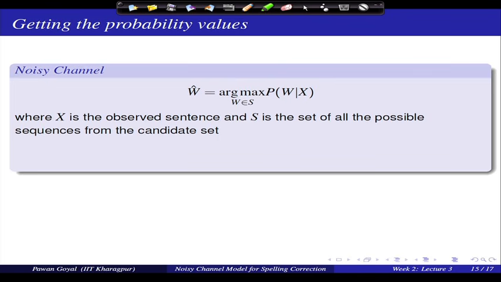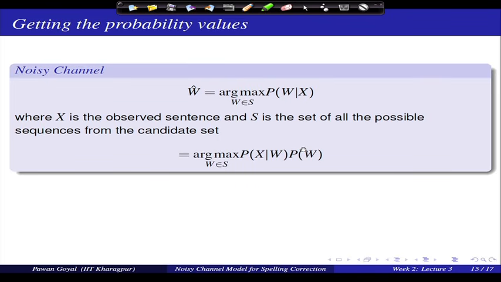So for each of these sequences W, I have to find the probability of W given X. Now, as per the noisy channel model, I'll again use the Bayes theorem here, because I am starting from W and going to X, so I can only find the probability of X given W.